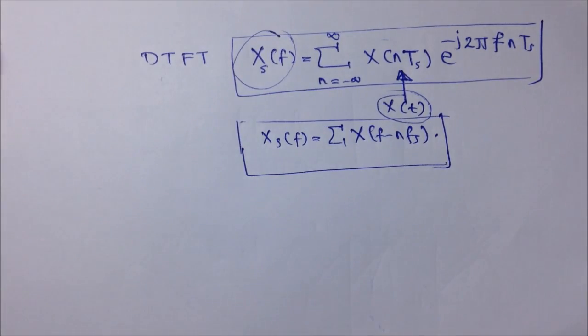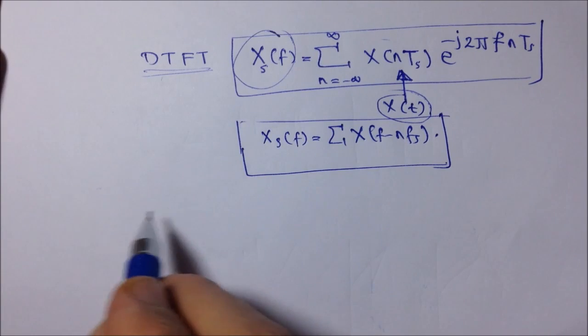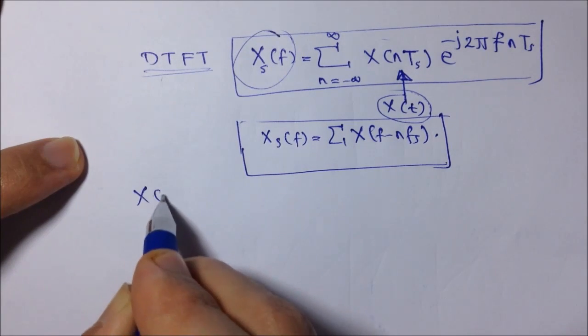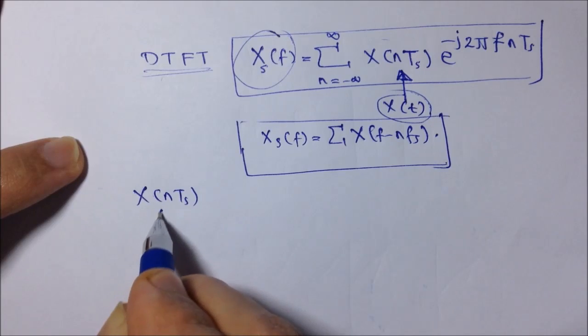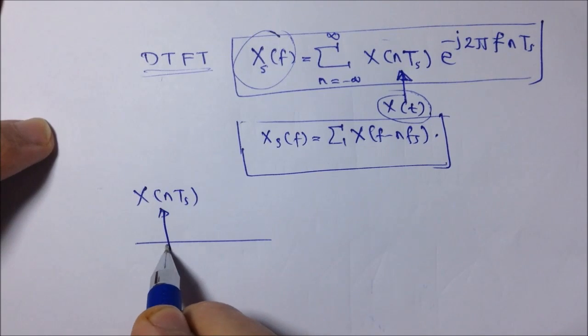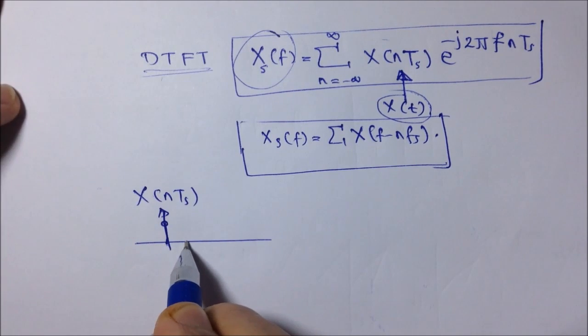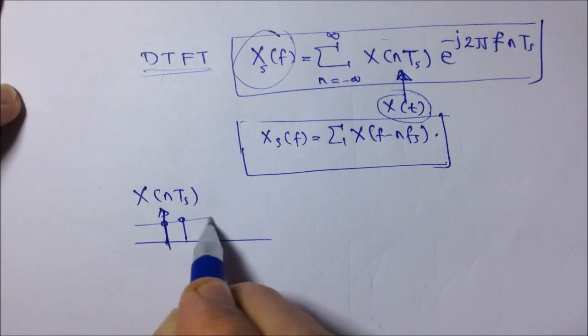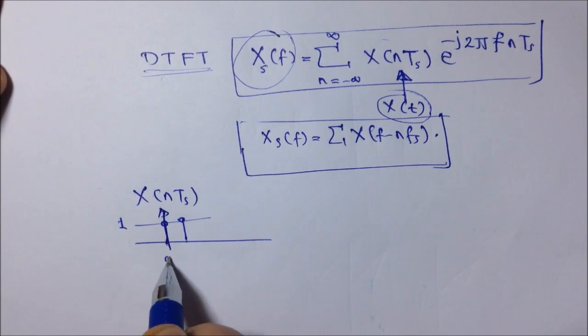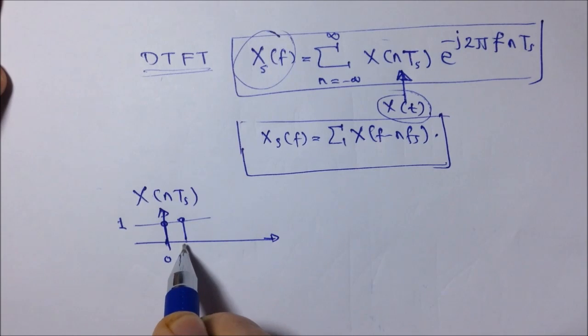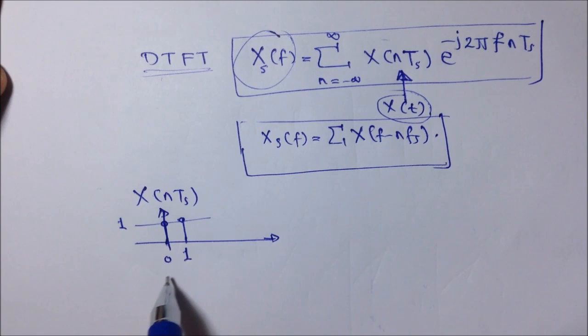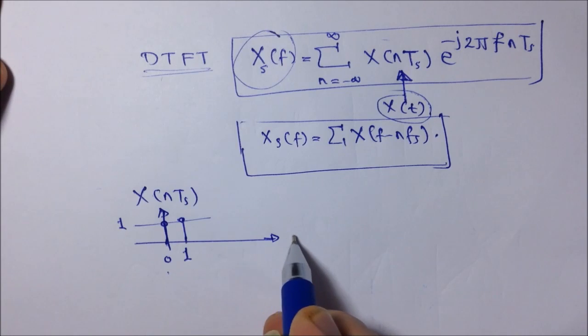And now let's do a simple example to apply the DTFT. Assume we have X of nTs like this, 1 and 1. That's it. So we have samples at 0 and at 1. This is nTs.